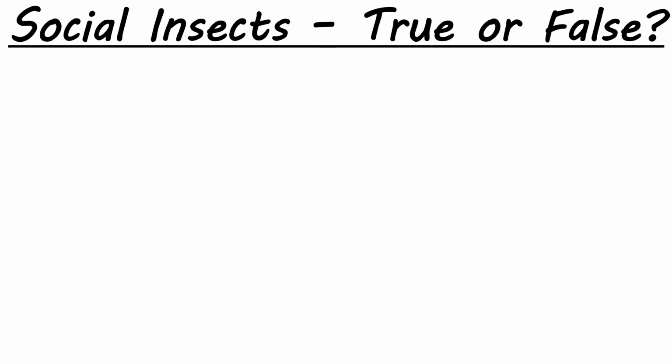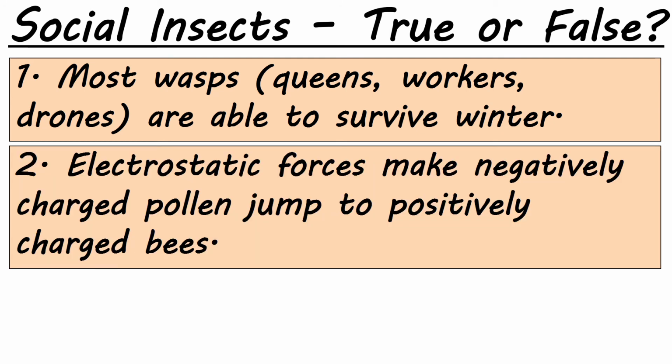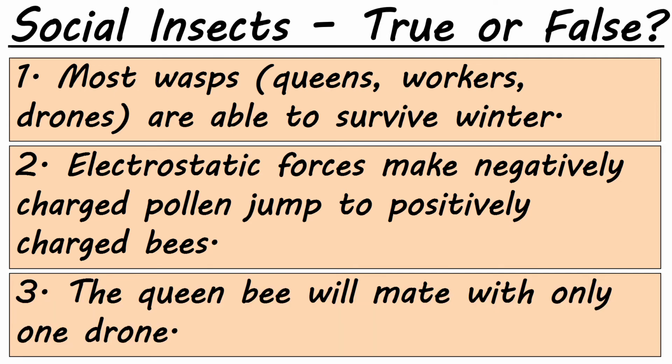Okay, here is a quiz. I like quizzes. So I want you to write down either true or false for each of these facts related to social insects. Number 1, most wasps, so that is queens, workers and drones, are able to survive winter. 2, electrostatic forces make negatively charged pollen jump to positively charged bees. 3, the queen bee will mate with only one drone.